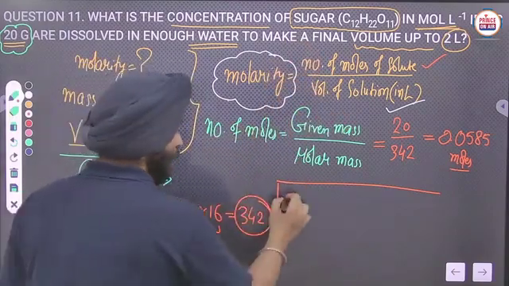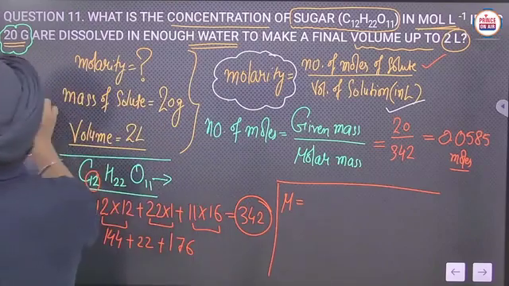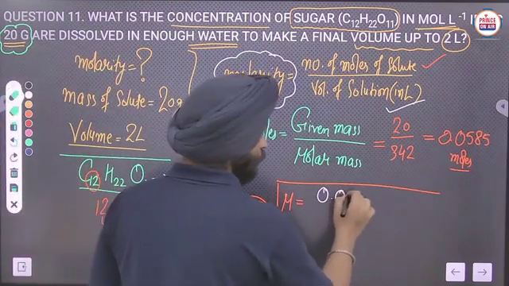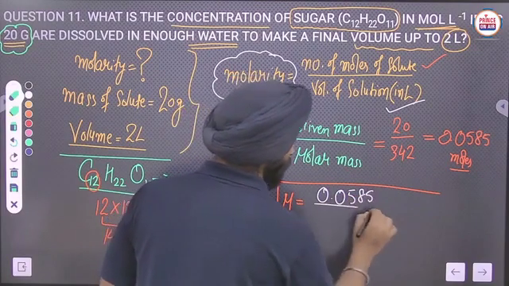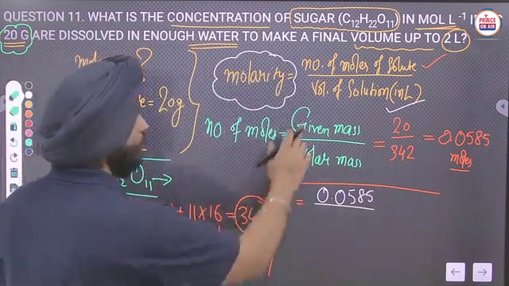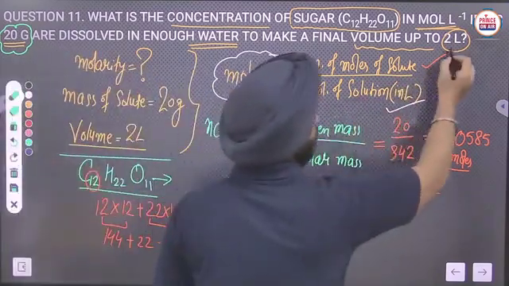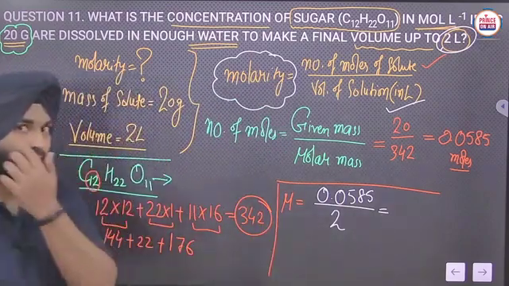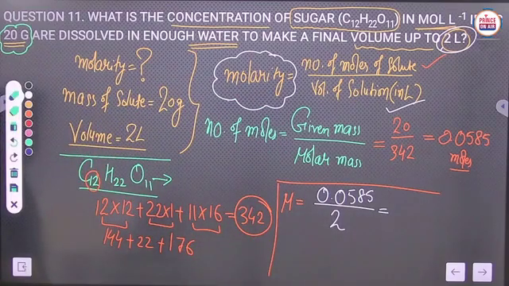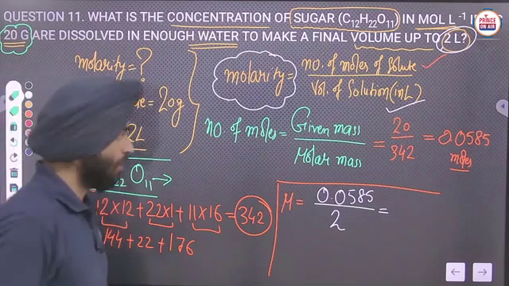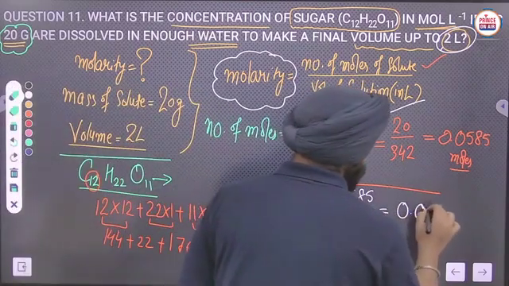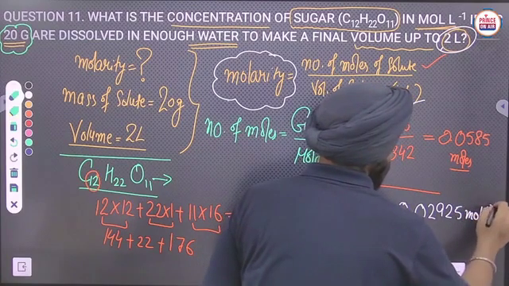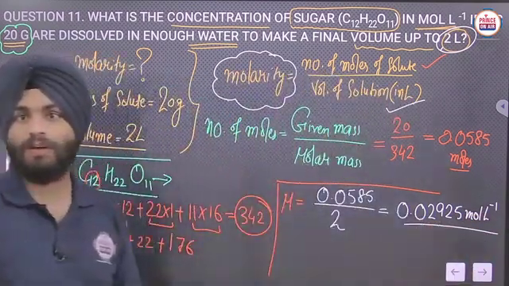The molarity will come out to be the number of moles, 0.0585, upon the volume, 2 liter. So the result will come out to be 0.02925 mole per liter.